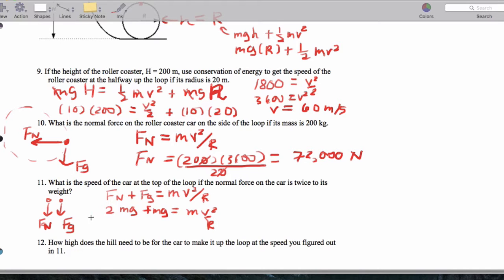And so I can actually cancel the m's all across here. So I'm going to end up getting 3g equals v squared over r. Now g is 10, so that's 30 equals v squared divided by 20. V is going to be the square root of 600. And when I actually solve that particular problem, we're going to end up getting 24.5 meters per second.